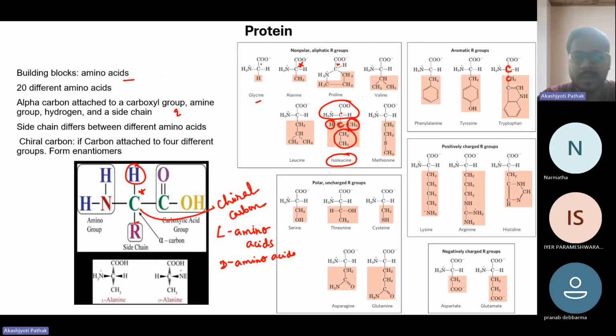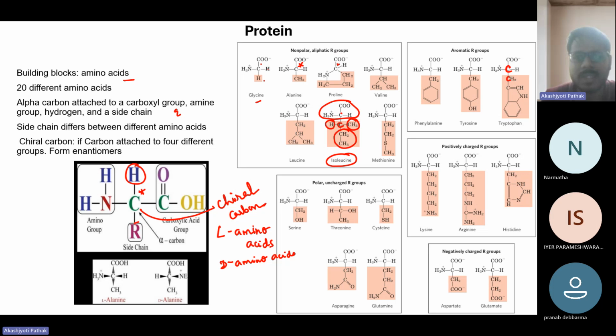Do you see the structure of the amino acids? If you see the structure of glycine, none of the carbon atoms are chiral. It has only this C alpha carbon, and in case of glycine, the side chain is hydrogen. Since the side chain is hydrogen, you now have two groups which are the same, two hydrogen atoms.